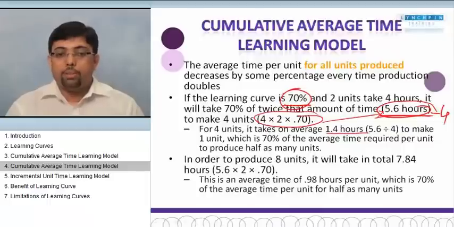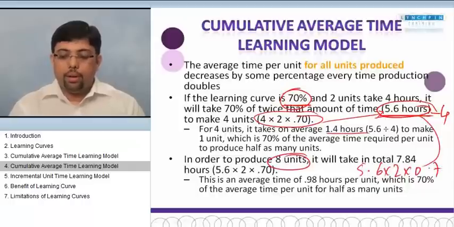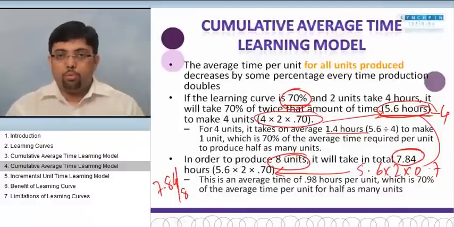So half as many units means, in order to produce 8 units, what will happen? We are going to multiply 5.6 by 2, 5.6 by 2 into 0.7. That will be the learning for 8 units. And whatever the output is, which is 7.84, divided by 8, you will get the average time per unit.